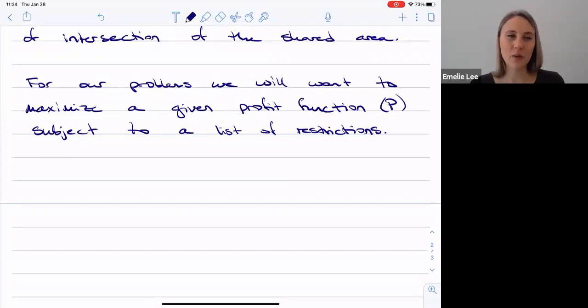What we do is draw those restrictions on the same graph.